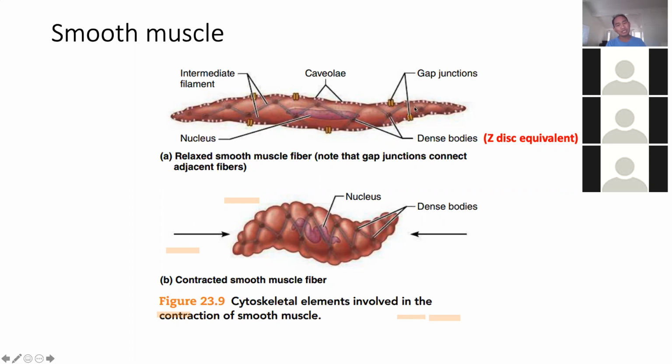The gap junction, as we know, the smooth muscle cells are layer after layer after layer. So the nerve ending might come only to one smooth muscle cell, but this nervous activation from one smooth muscle cell will go to another smooth muscle cell via the gap junction. That's why if we stimulate one smooth muscle, many other smooth muscles will get stimulated.